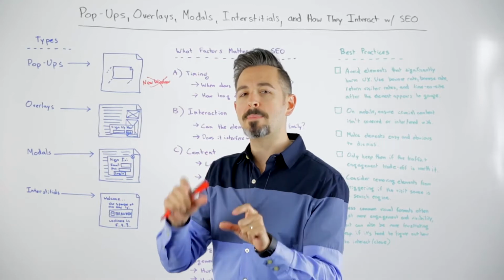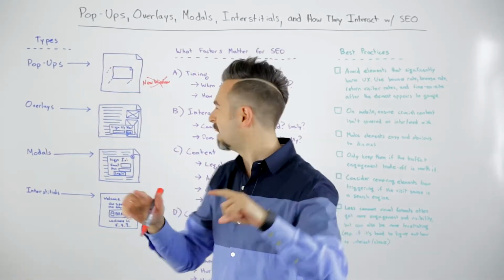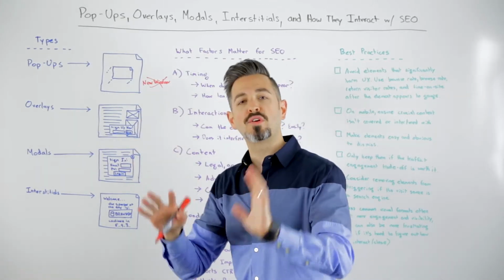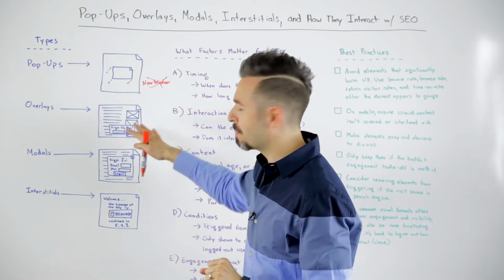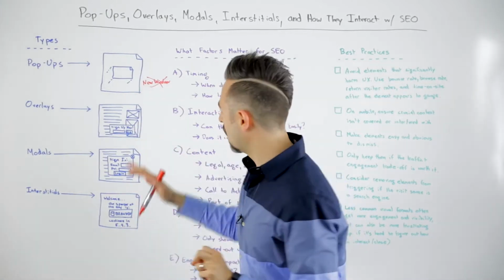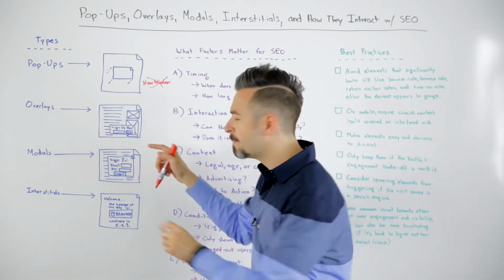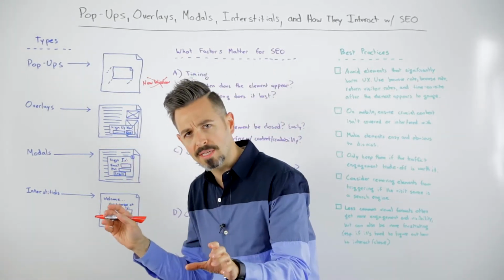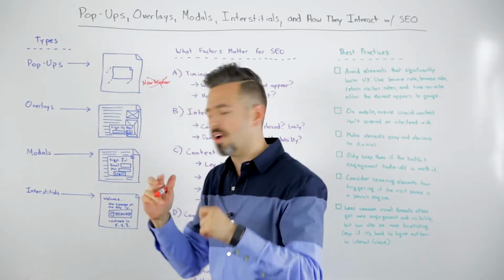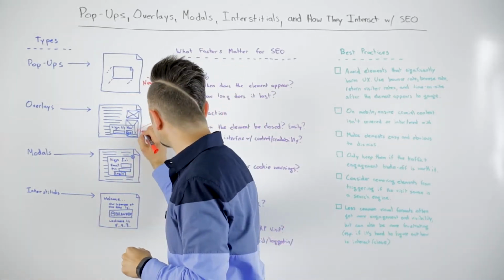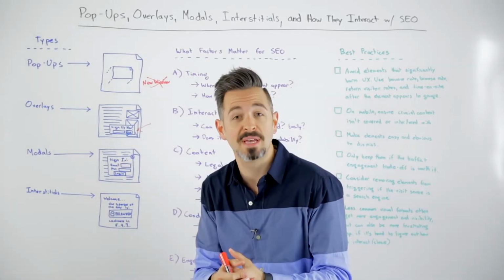When we're talking about a pop-up that happens in the same browser window, essentially it's just a visual element that's often also referred to as an overlay. So for the purposes of this Whiteboard Friday, we'll call that an overlay. An overlay is basically like this, where you have the page's content and there's some smaller element, right? A box, a window, a visual of some kind that comes up and that says, maybe, sign up for my email newsletter, right?